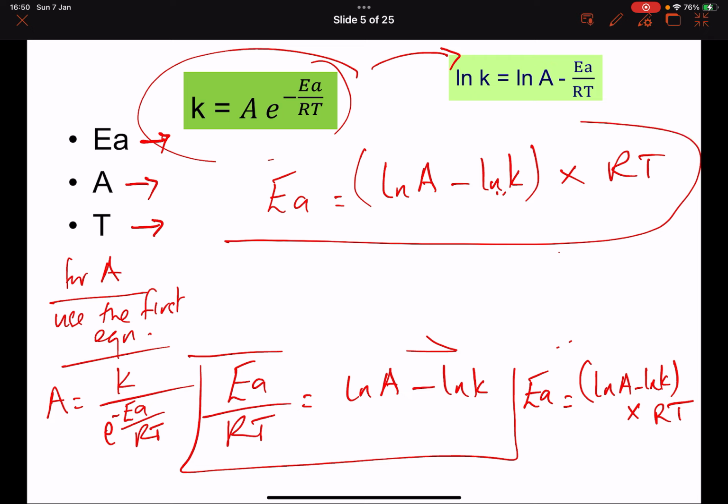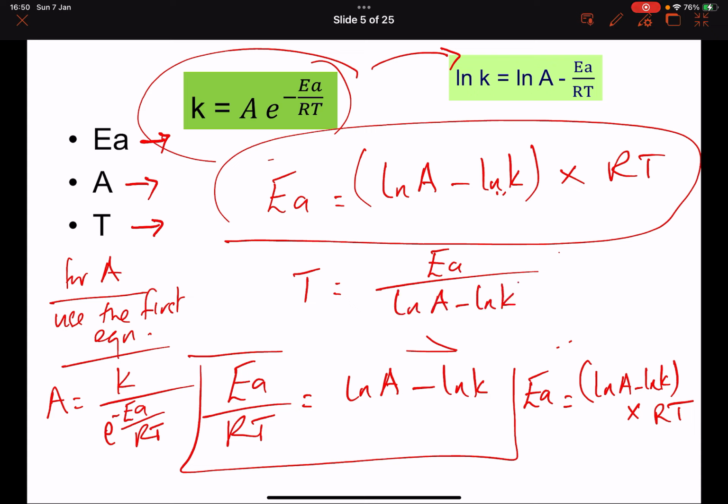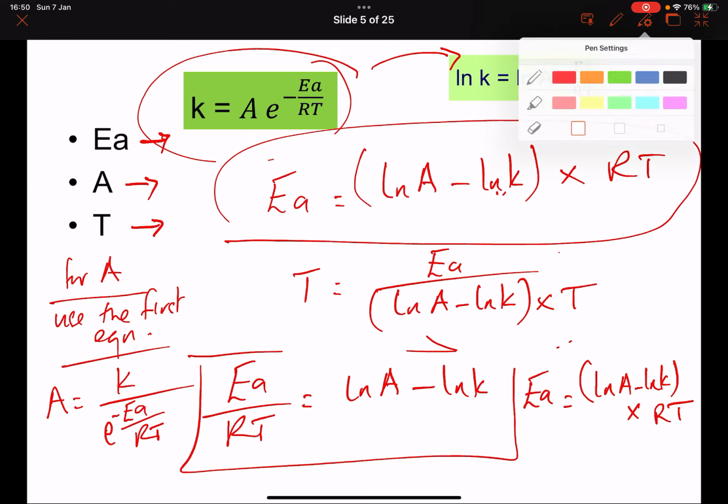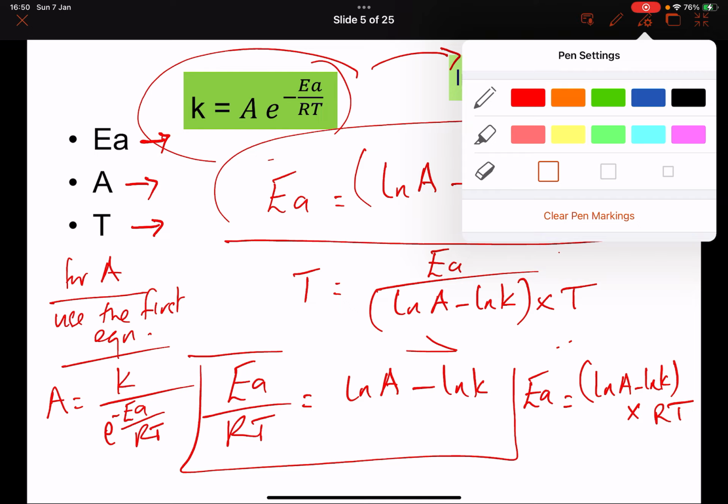So if you've got that format, then T simply becomes Ea divided by natural log of A minus natural log of k, times R. So that's how you would rearrange these equations. Again, please practice this, because you do need to practice how to rearrange the equations.